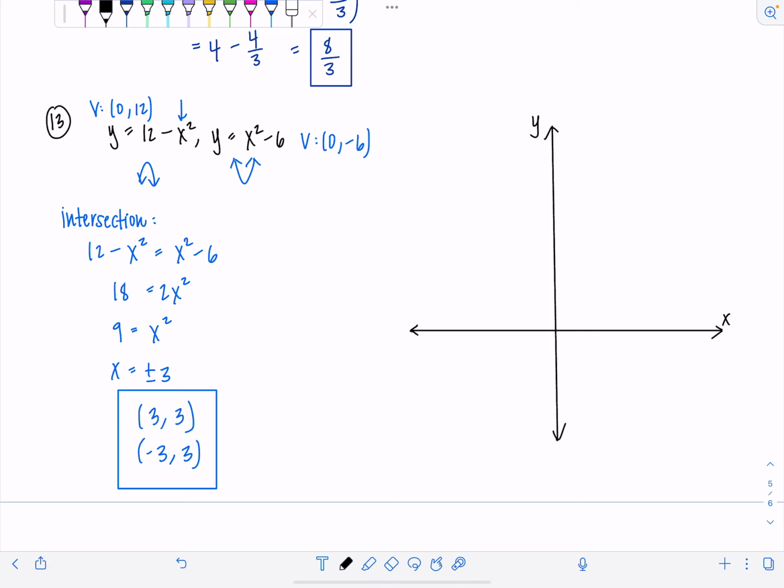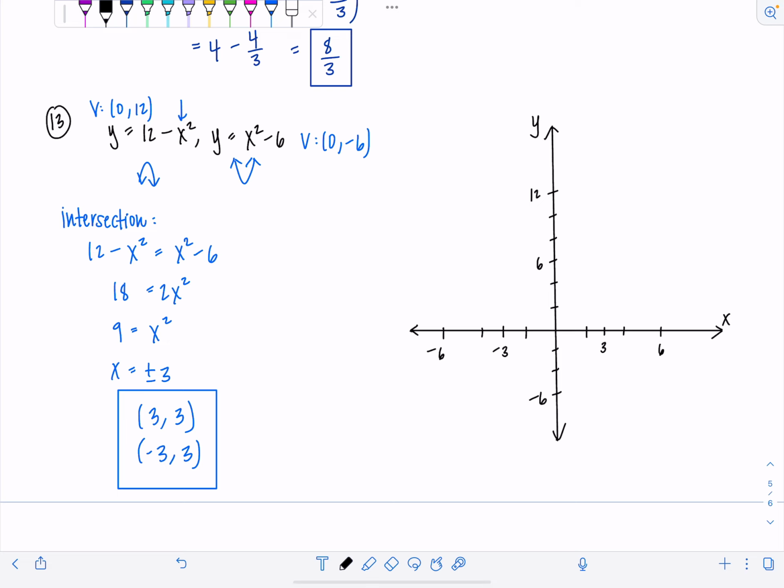X, Y will go 2, 4, 6, 8, 10, 12, 2, 4, 6, okay. And then 2, 4, 6. Here's 3. That was an interesting point for us, right? 2, 4, 6.